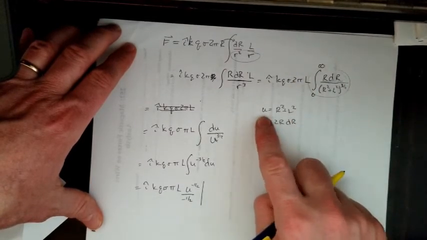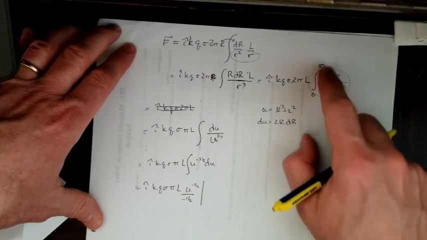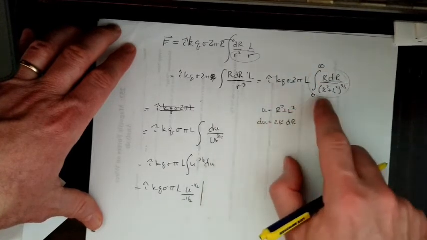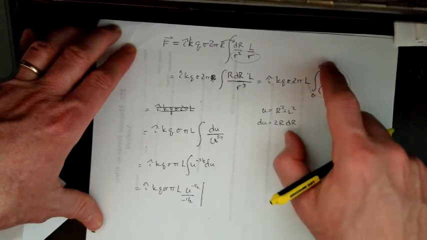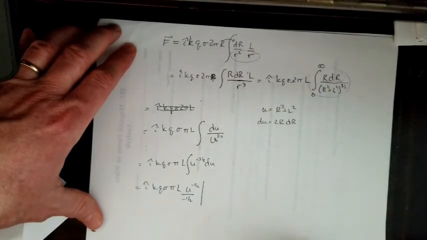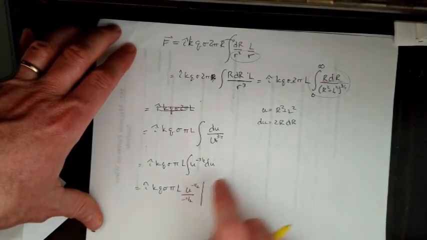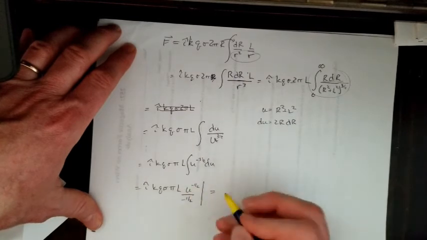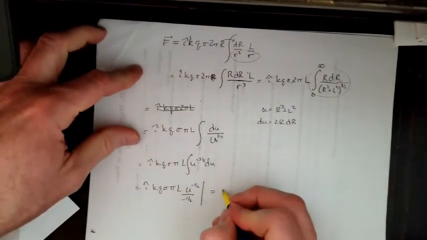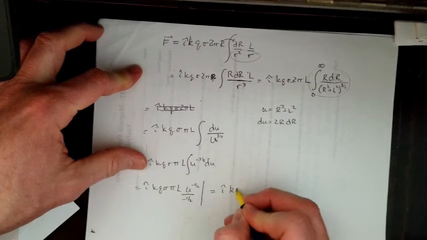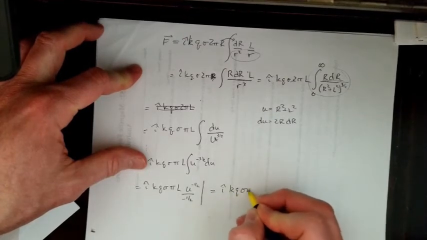So since R went from 0 to infinity, U would go from L squared to infinity. I tend not to do it that way. I tend to get it down in terms of U here and then substitute R squared back in. That's the physicist engineer in me instead of the mathematician.